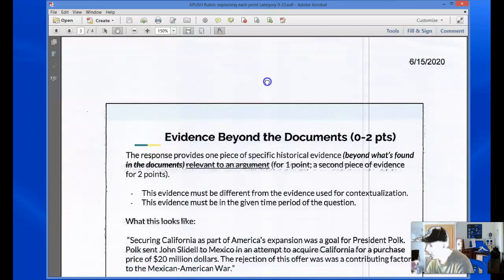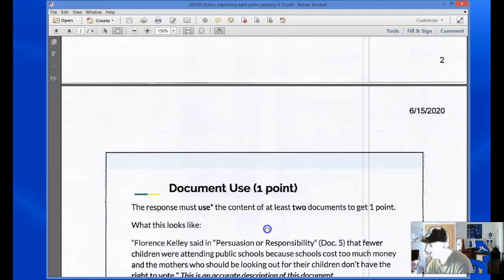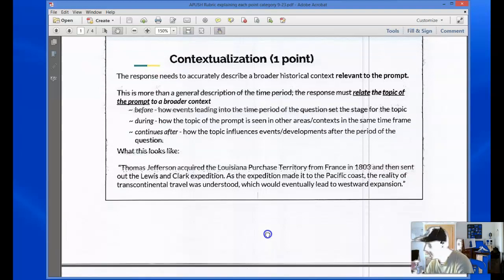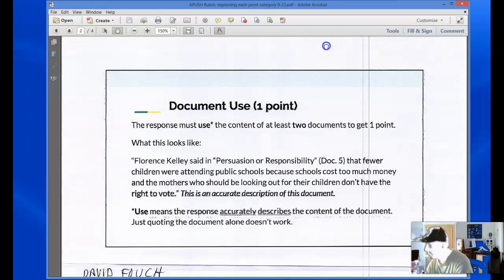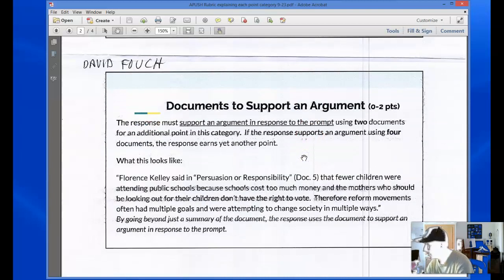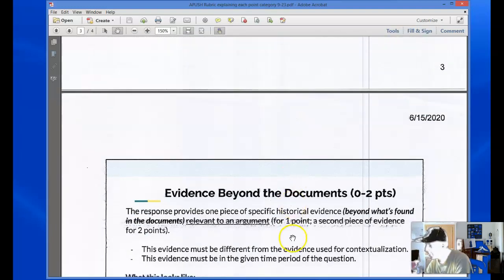It'll be more explicit. Now stuff beyond the documents. Okay, so you're saying, well, what's the difference between this and contextualization? You just told me I got to add stuff beyond the documents for contextualization. You do, but it doesn't really have to pertain to your prompt, your historical claim. You're just going to say what was going on in history at the time. Okay, it's your time to put in a small paragraph about what was taking place in the country at the time.